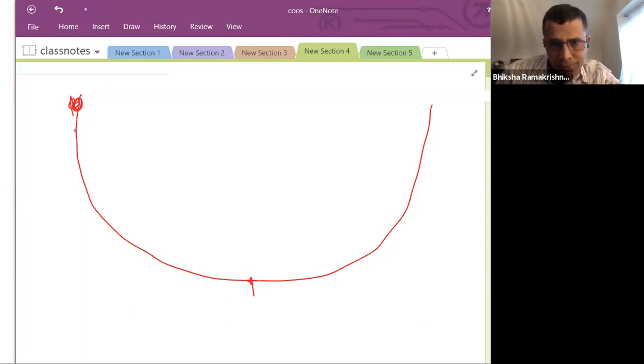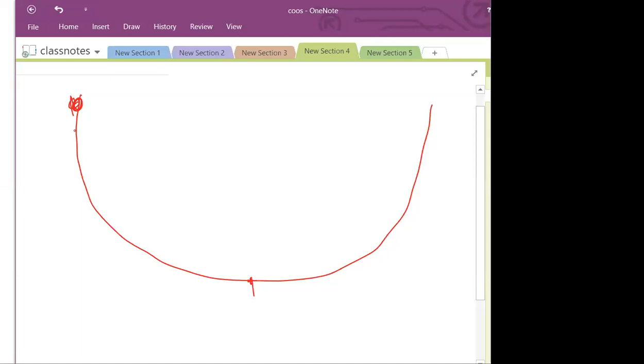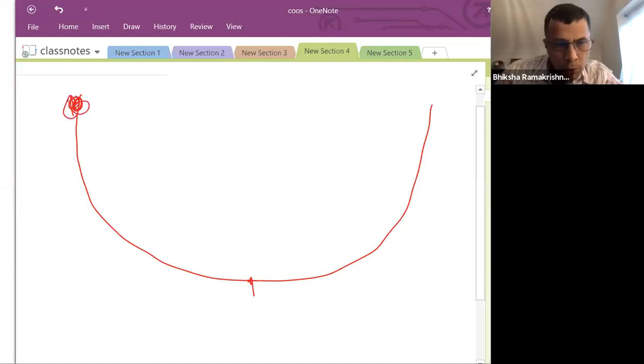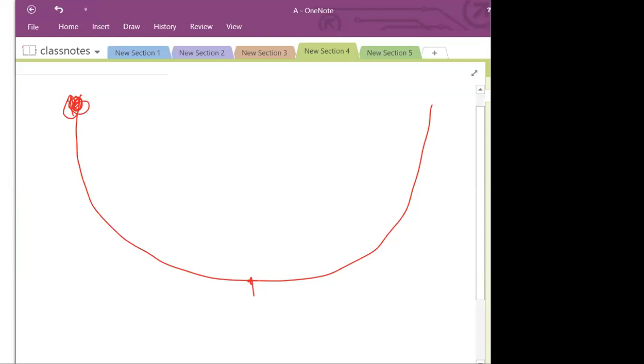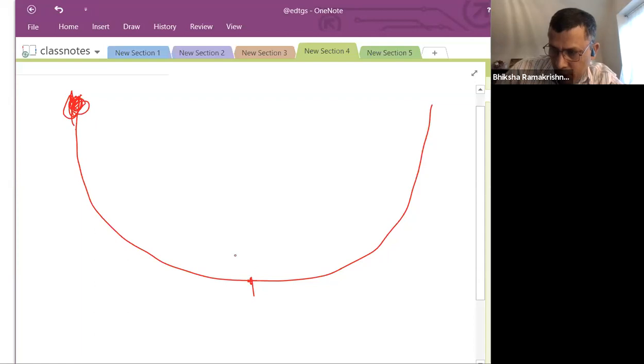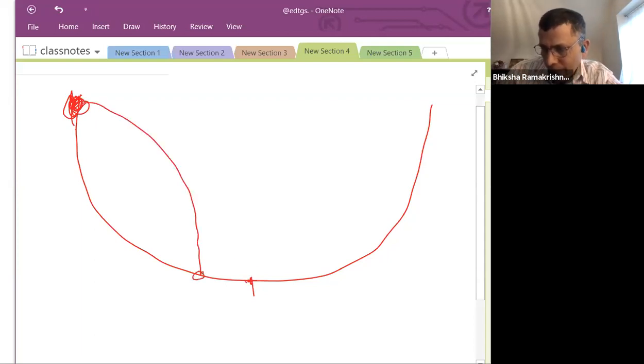Large. So here at this location, do you want to take a big step or a small step? Big step. You want to take a big step because when the derivative function is steep, it means you're very far away from the minimum. So you want to jump all the way here, right?